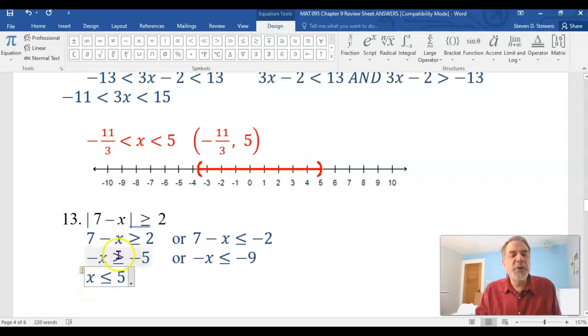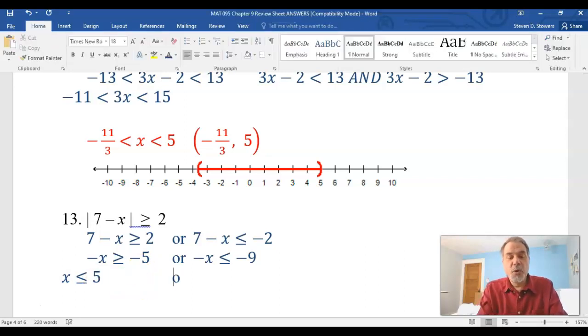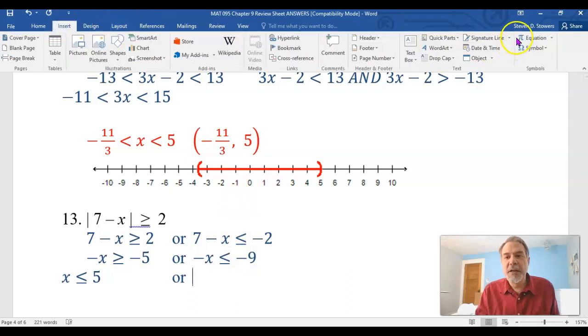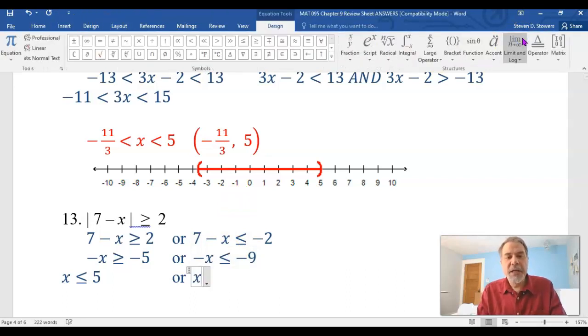The greater than or equal to sign gets flipped around and becomes a less than or equal to sign, and the -5 divided by -1 is 5. Or, and then here, same thing, if we divide both sides by -1 and flip the direction of the inequality sign, we get x is greater than or equal to +9.